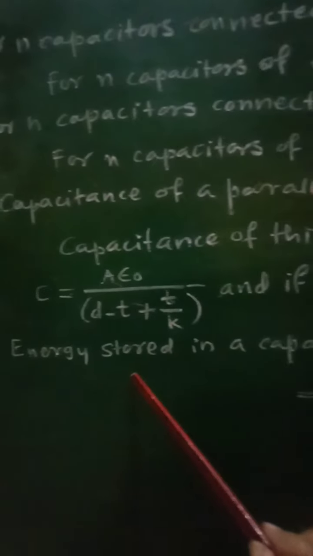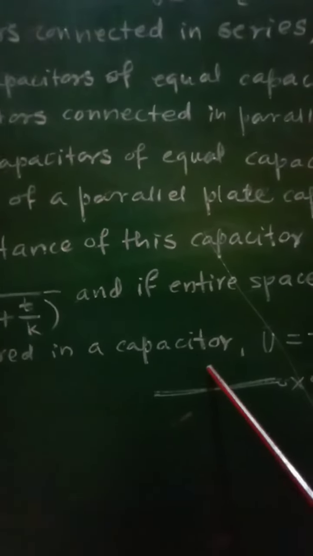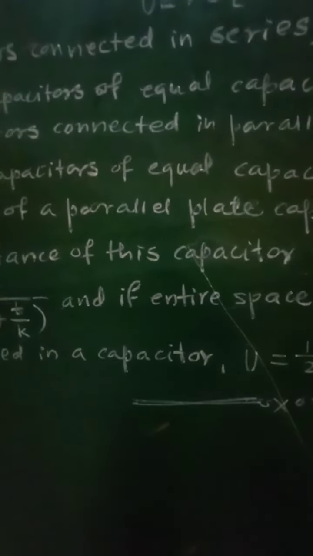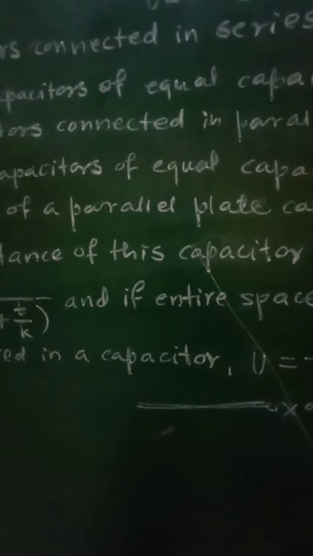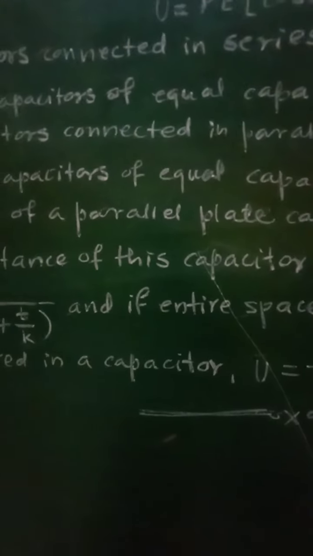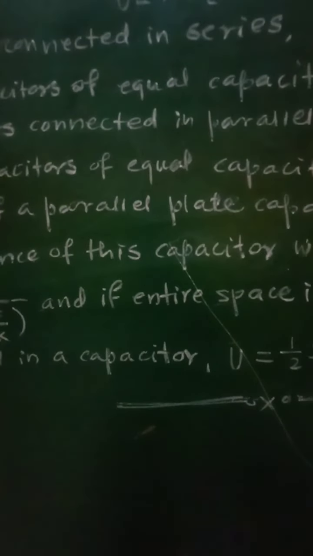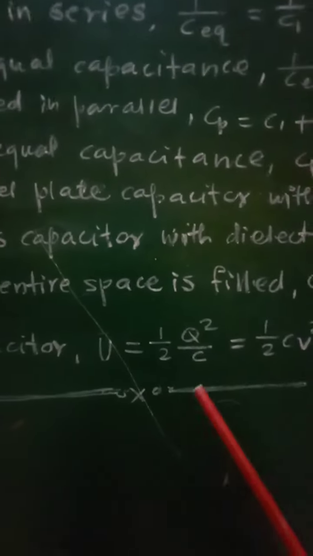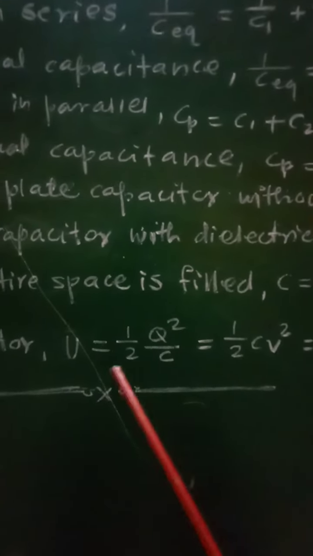Then the 13th formula gives us the energy stored in a capacitor. If you consider any capacitor, that is a parallel plate capacitor, then the energy stored in that capacitor is given by these three formulae.